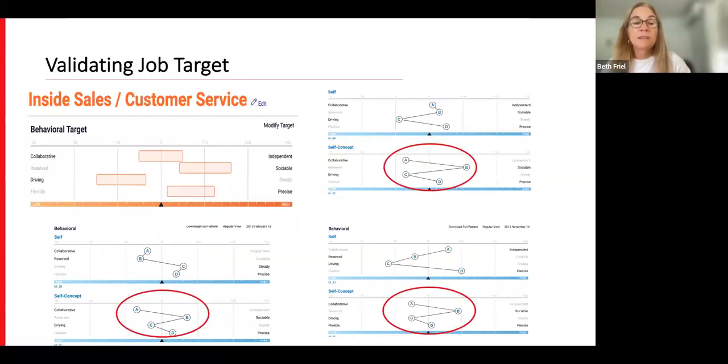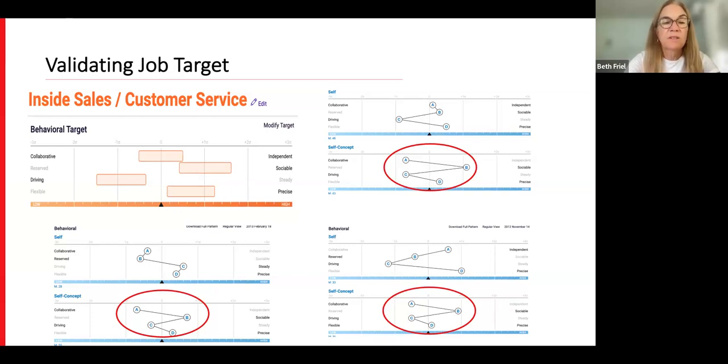Okay, the other thing to do with self-concept is validate a job target. So I pulled out 3 pretty high performers. You can see the orange is the job target. So there's a situational A, either somewhat independent, somewhat team-oriented, collaborative, high B, low C, driving, and high D. And most of you on the call know that this is an altruist.